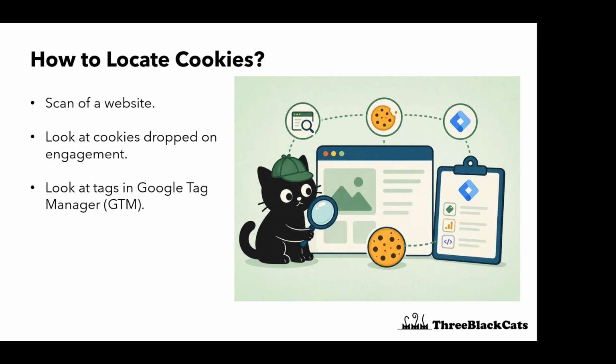Okay, so how do we find these things? There are a series of tools, some of them free, some of them paid, that can go through and scan your website. So in effect, it's a robot that goes through and looks at every page in your website and sees what cookies drop on it. It usually takes an hour or so to run through your website and look at what cookies are found.